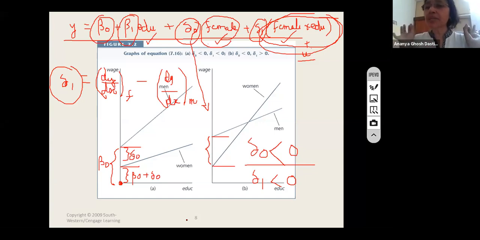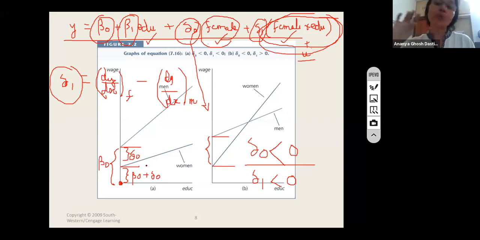Here, I just want to make the point that if you have run a regression on a dummy explanatory variable where you have put in the dummy explanatory variable as well as a dummy interaction, that is an interaction dummy as well as an intercept dummy as well as a slope dummy, the coefficient of the intercept dummy measures differences in the intercepts of the dummy group minus the base group, and the coefficient of the dummy interaction term or the slope dummy measures the difference in the slopes of the dummy group minus the base group.